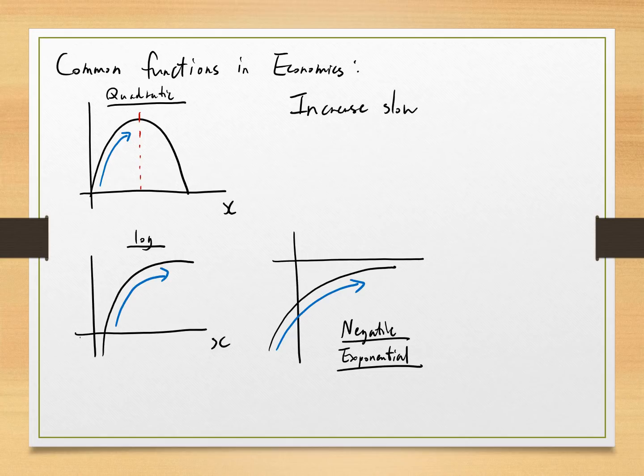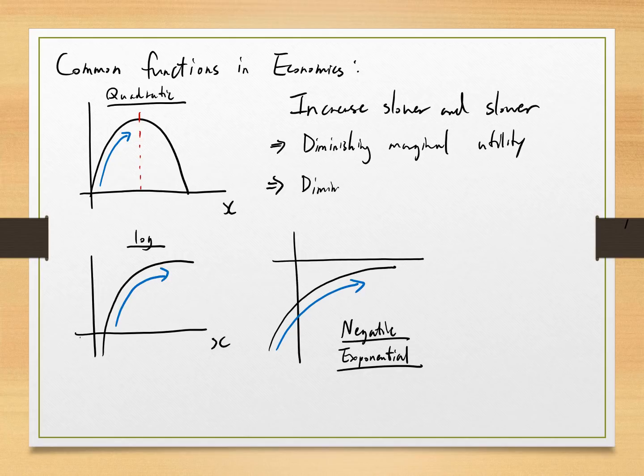Increase slower and slower. Why do we like that property? We like that property because that's diminishing marginal utility. You get less happy as you have more of the same item. That's diminishing marginal utility.